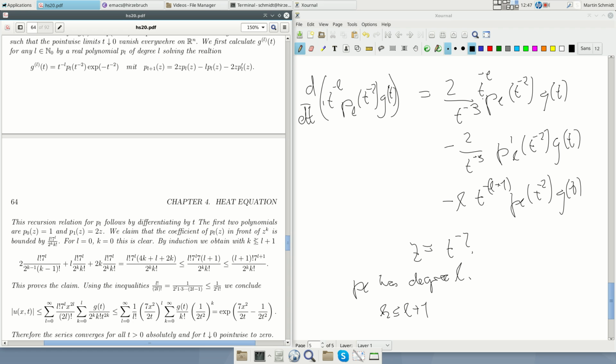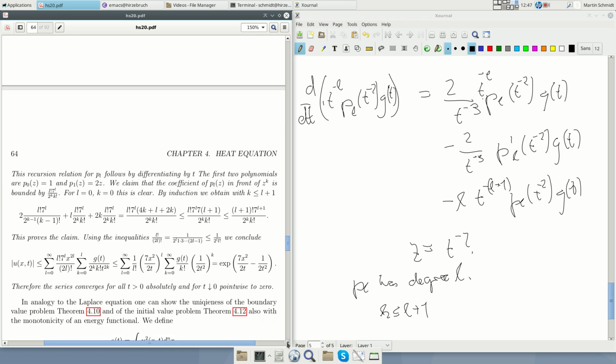So we get by this formula here that this is bounded: 2k plus 4k is bounded by 6 times L plus 1, plus L is 7, is smaller or equal than 7 times L plus 1. Okay, so we get this term, and this closes the induction, because here we get the term for L plus 1.